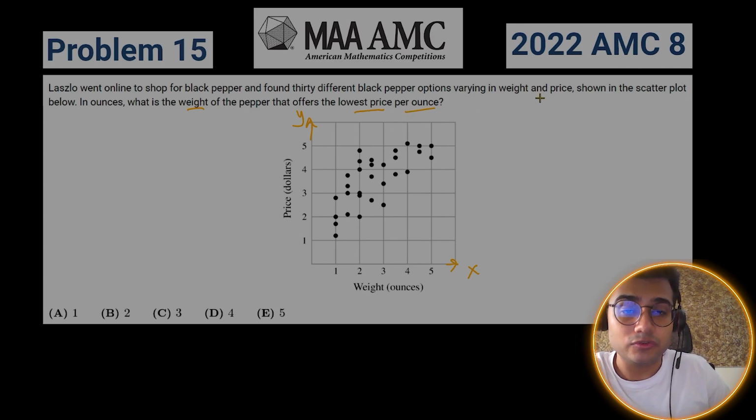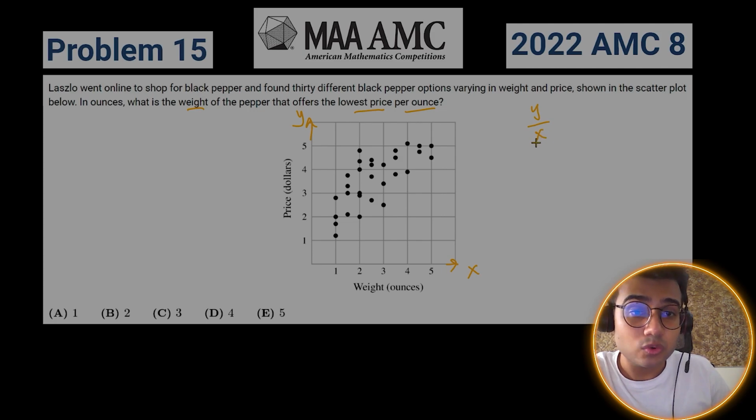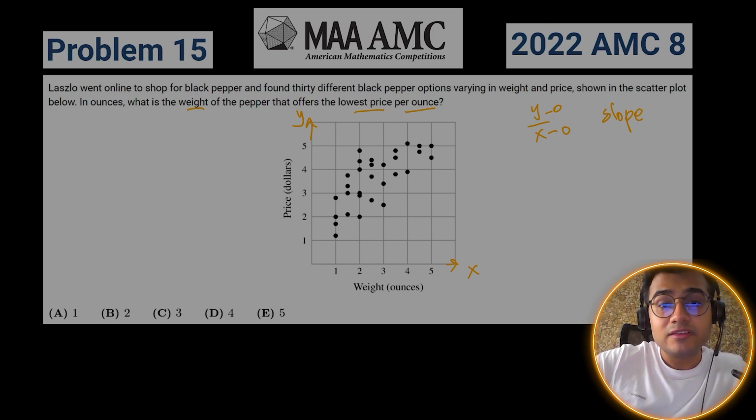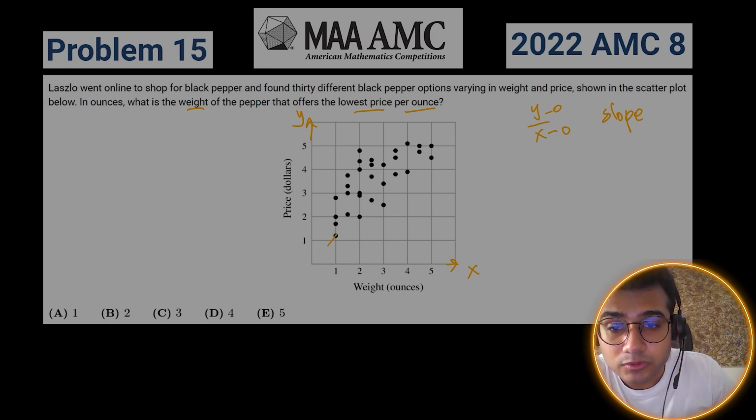What is price per ounce? Price is the y coordinate over the weight, which is the x coordinate. Now, y over x is actually the slope from the origin. So we are trying to find which point makes the smallest slope with the origin. For example, between these 2 points, we can clearly see it's going to be this one.